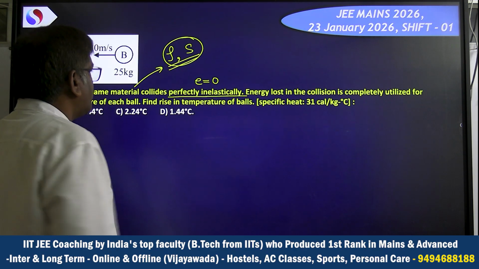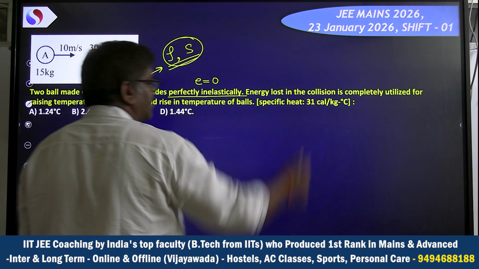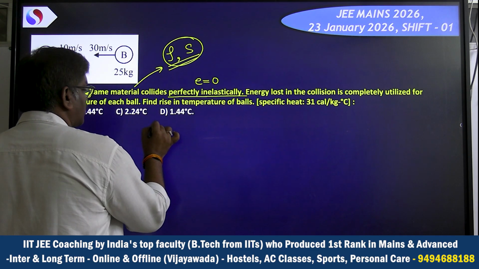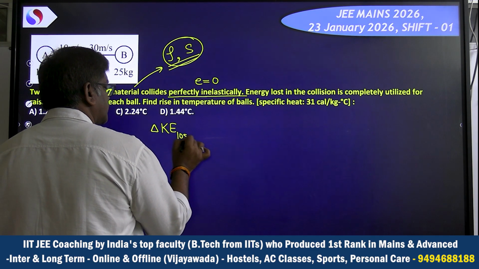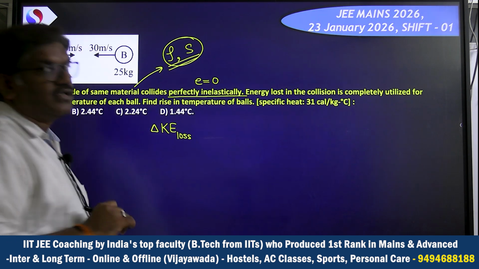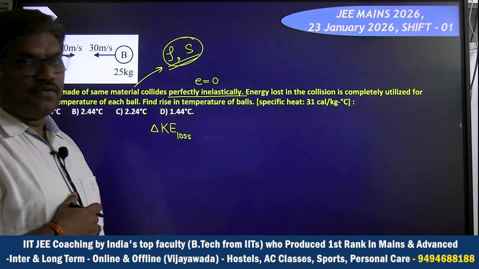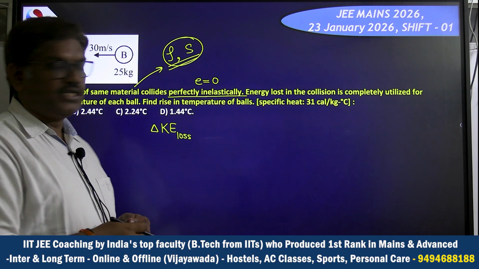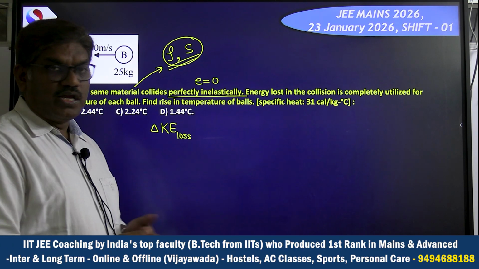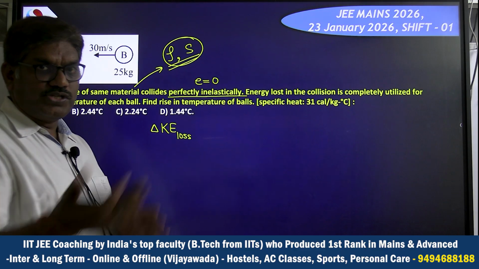Alright. Now, energy lost in the collision. What is the kinetic energy loss? For the kinetic energy loss, again you have so many formulas. First you calculate the final velocities after the collision, initial velocity, then final kinetic energy, initial kinetic energy.